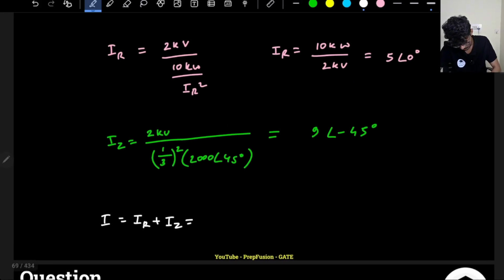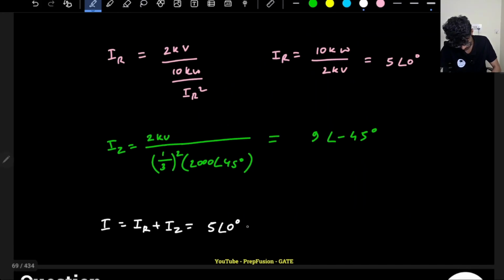So this will be 5 angle 0 plus 9 angle minus 45. So here this will be 9 divided by root 2.